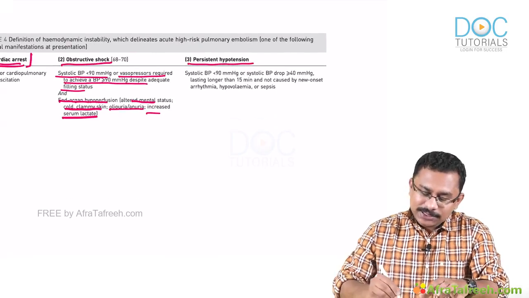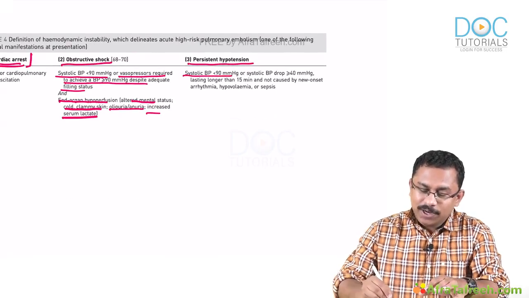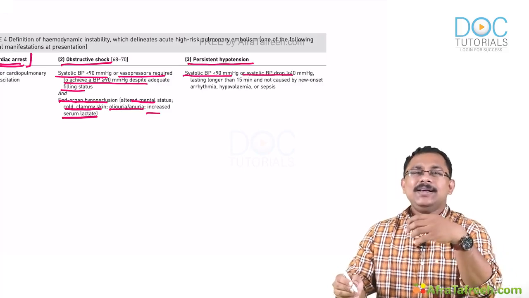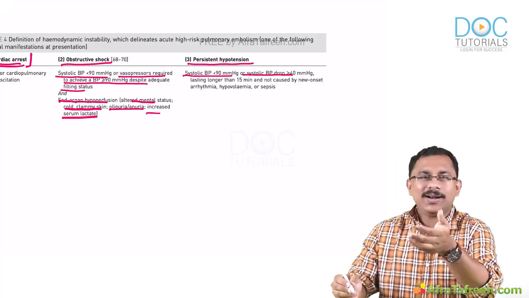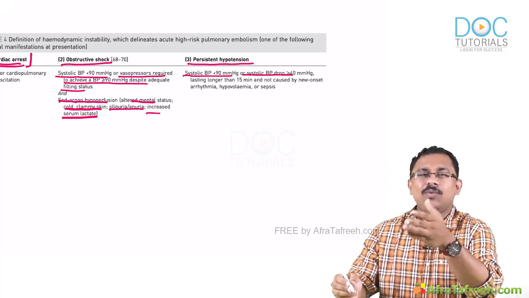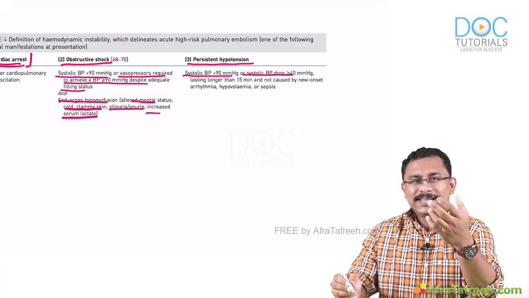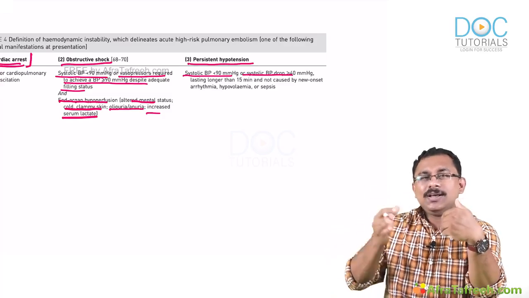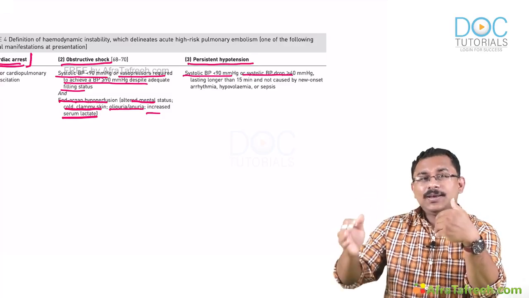That is your systolic BP less than 90 or a drop of more than 40, which means suppose initially at presentation the blood pressure was around 200 millimeter mercury, and after a while the blood pressure is say 130, you must not be relaxed there. See, he has had a BP fall over a short duration of almost 70 millimeter mercury.